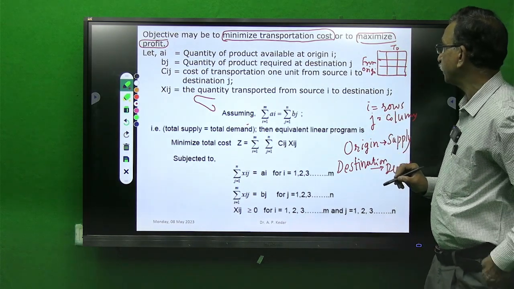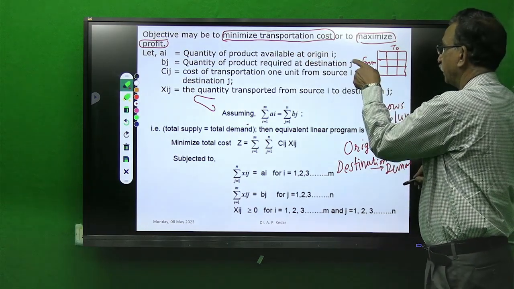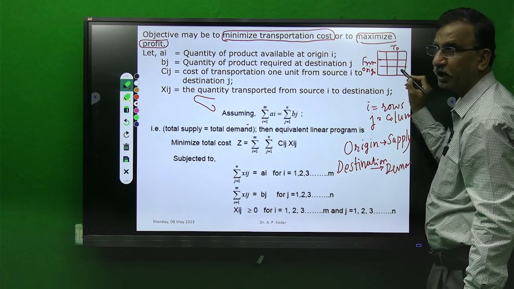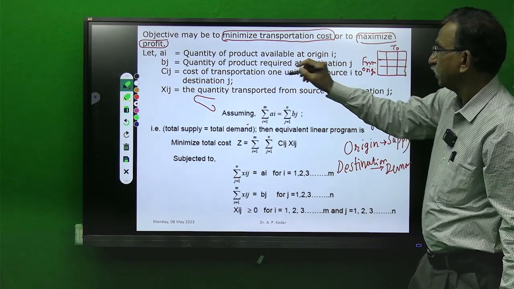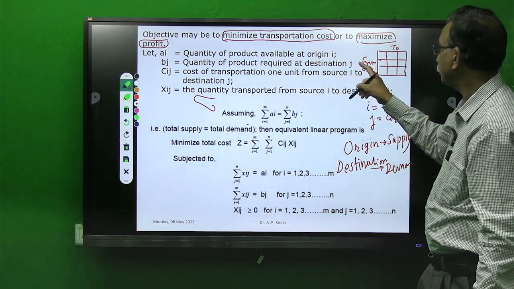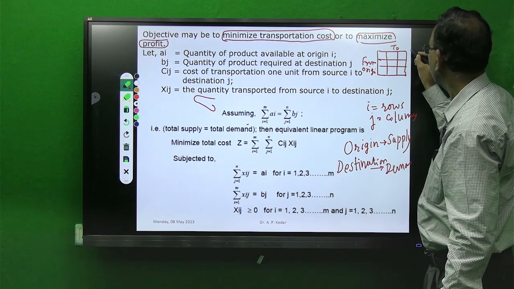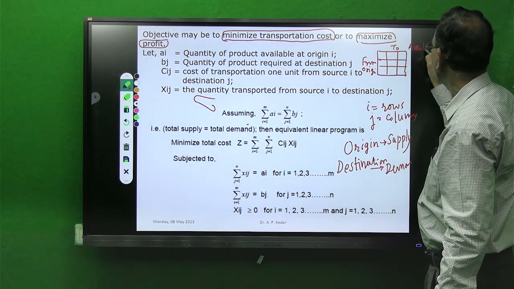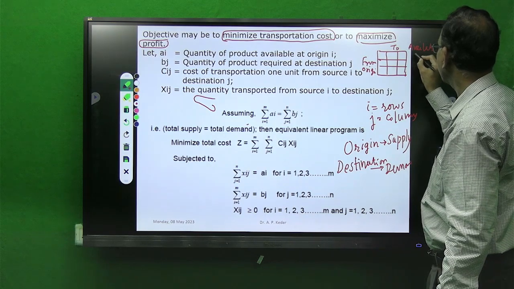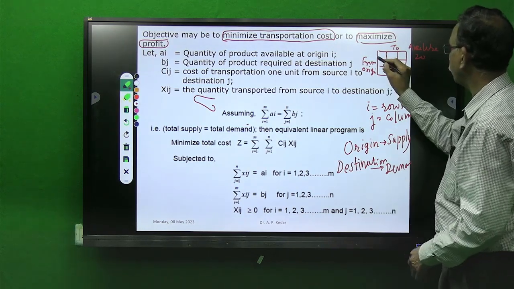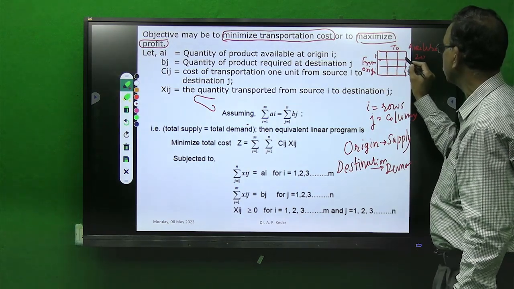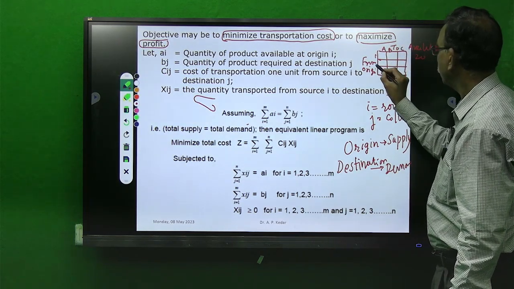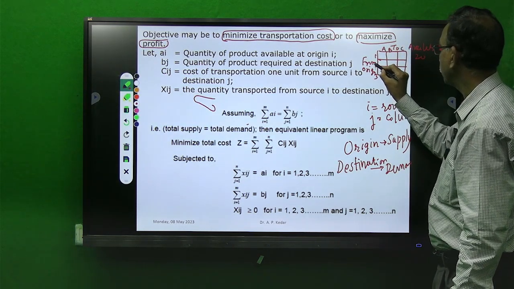Now i1, i rows. So this is i1, second i2, third row i3. Quantity of product available at origin i, that available, I will be writing over here. Suppose I write 20, means at one location total availability is 20.